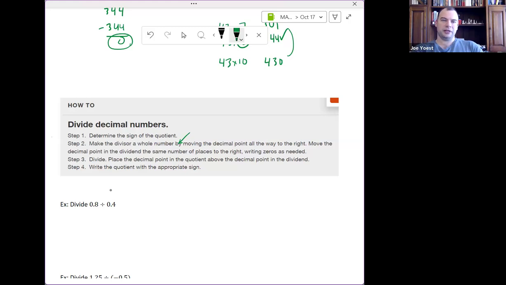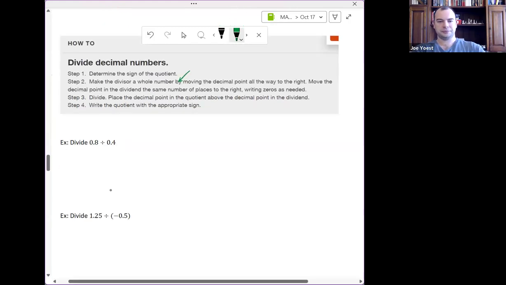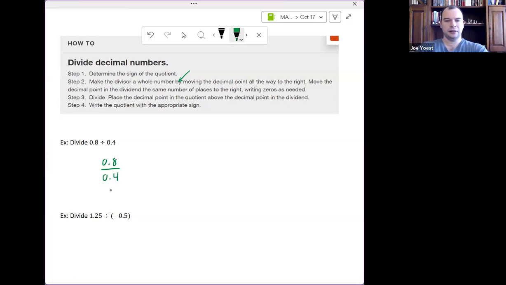We're going to manipulate it into an equivalent fraction that has a whole number in the denominator. Right, and 0.8 divided by 0.4 is basically just the fraction 0.8 over 0.4.